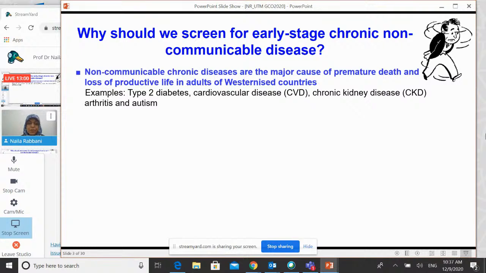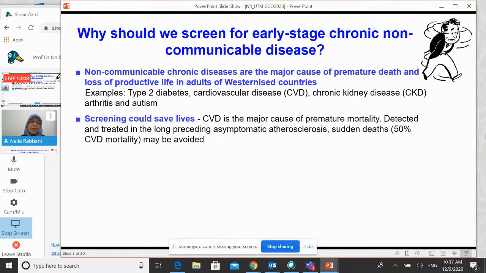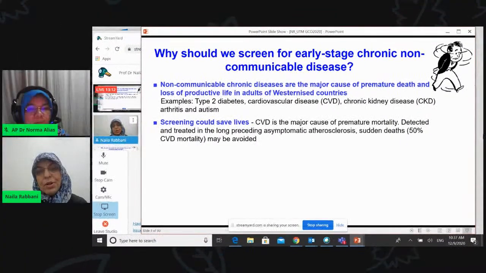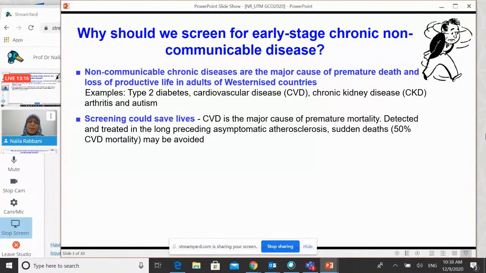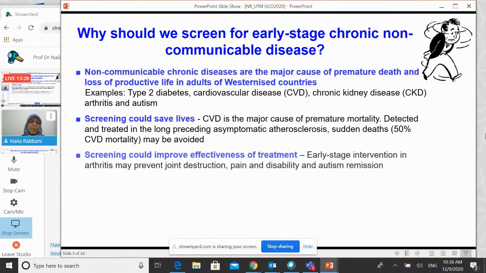Examples are type 2 diabetes, cardiovascular disease, chronic kidney disease, arthritis, and autism. Screening could save lives. CVD is the major cause of premature mortality; if detected and treated in the long preceding asymptomatic atherosclerosis, sudden deaths may be avoided, and that's 50% of CVD mortality.